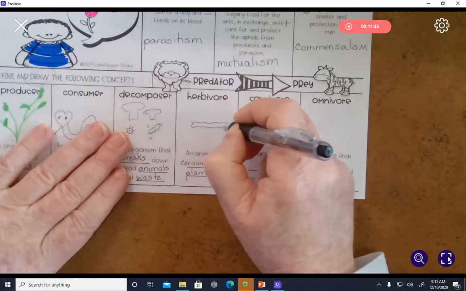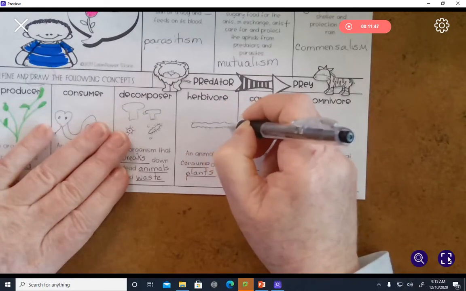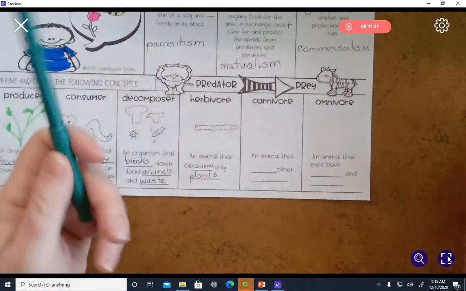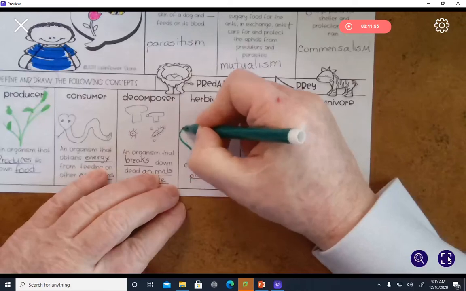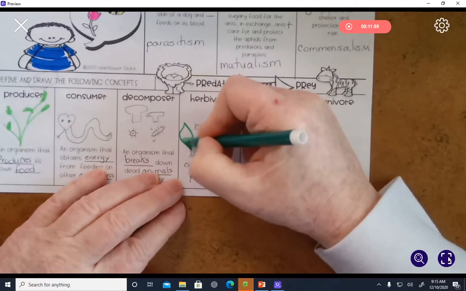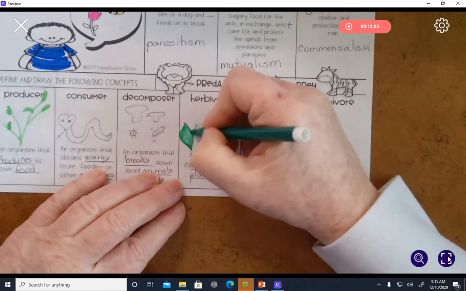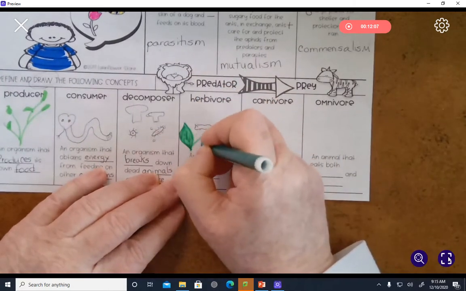The better artist you are, you can draw, what's some other herbivores that you know, maybe deer. There's a bunch in your book. I'm just going to draw eat only plants.